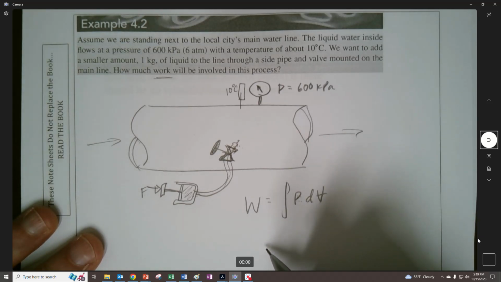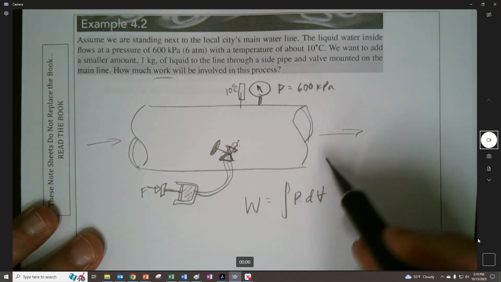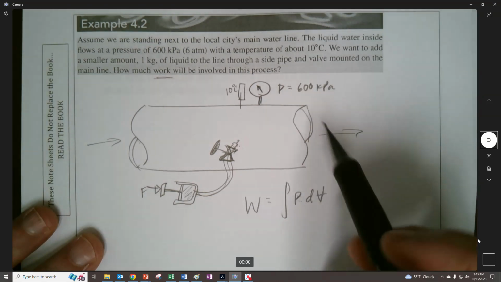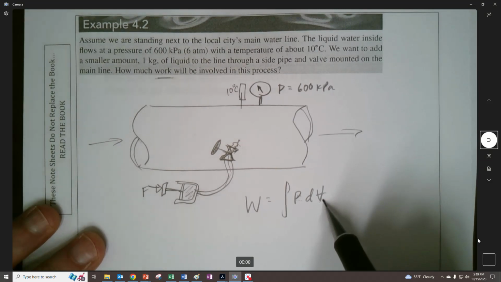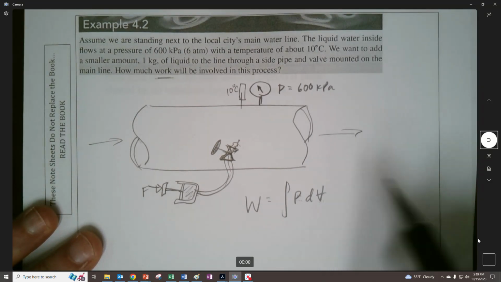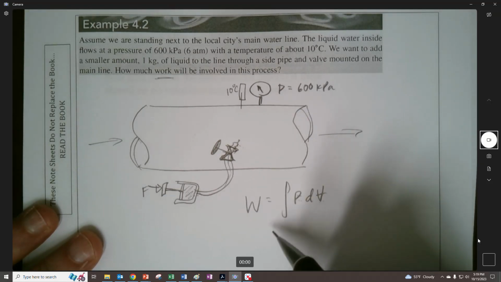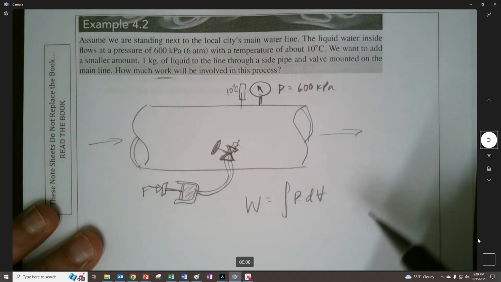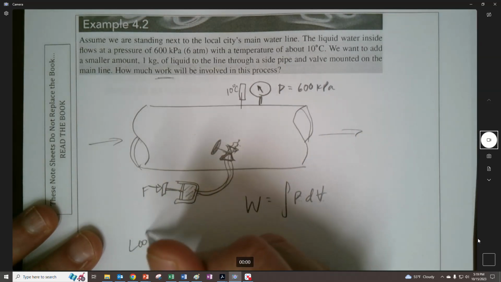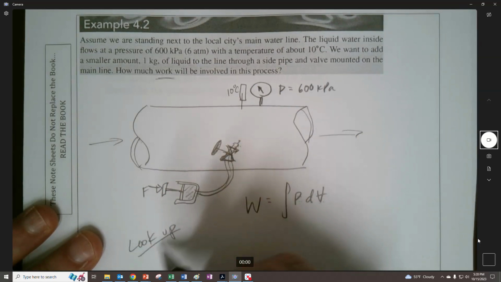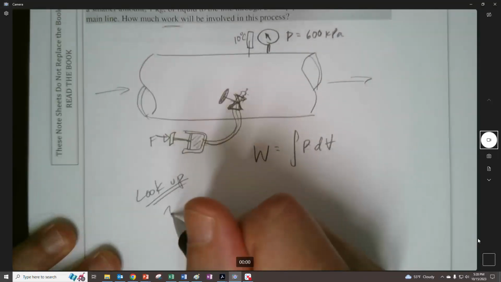And so we want to have a volume being pushed in. And so what is the volume that's going to be pushed in? Well, it's going to be really the mass times the specific volume. So we could look up the specific volume of water.